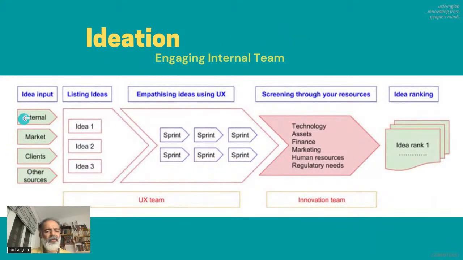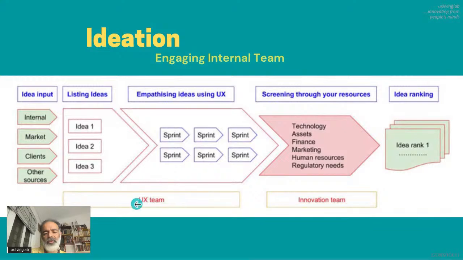Then start with the ideation. A lot of ideas are coming from internal sources, because you are talking to different people and brainstorming. A lot of ideas are coming from the market, and clients will give ideas, or other sources. There are different channels for ideation. From these channels you will get ideas. Then you have to list the ideas: idea one, idea two, idea three.